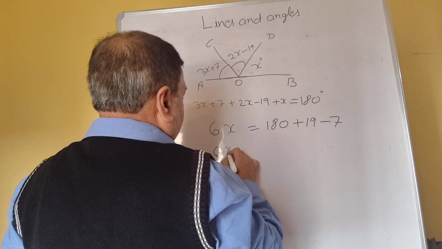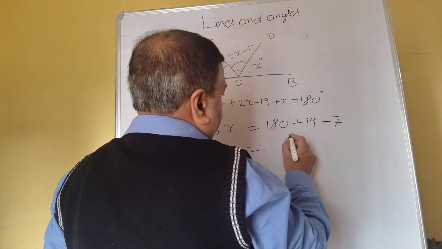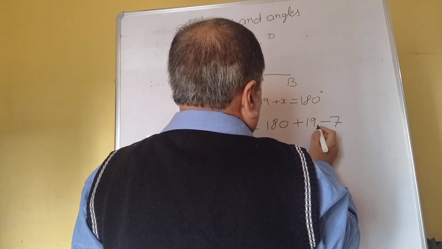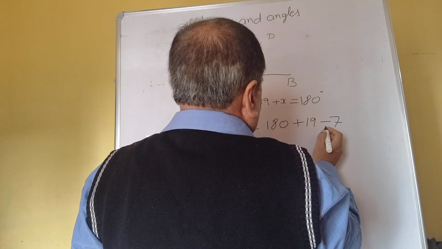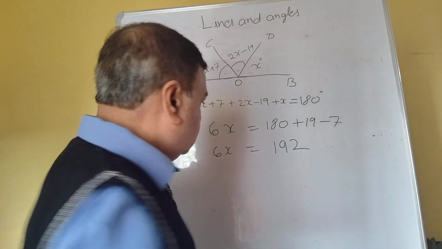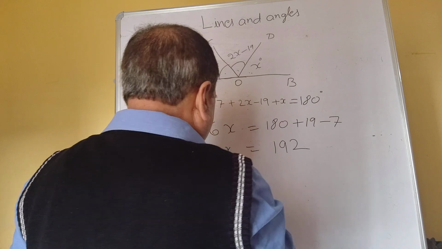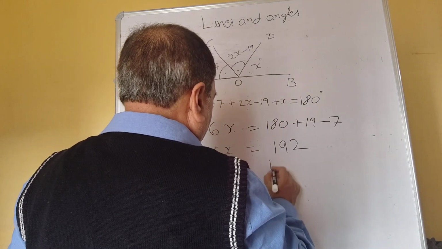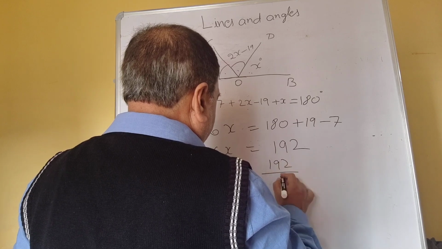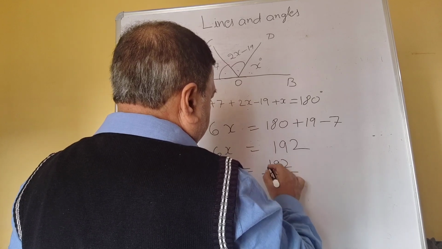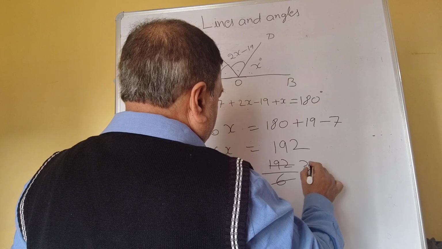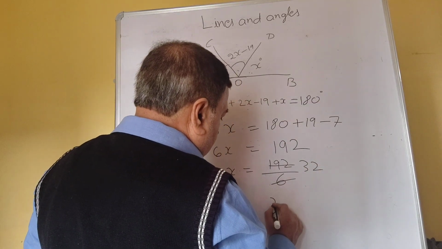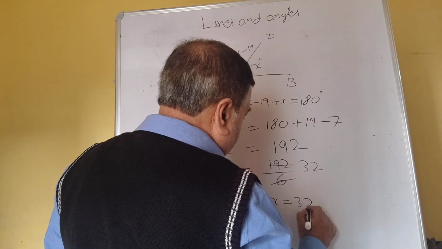So 6x becomes, if we subtract this, 192. So 6x is equal to 192 and x will be 192 by 6. So we will cut it. 6 3 is 18, 6 2 is 12. So the answer is, the value of x is 32.